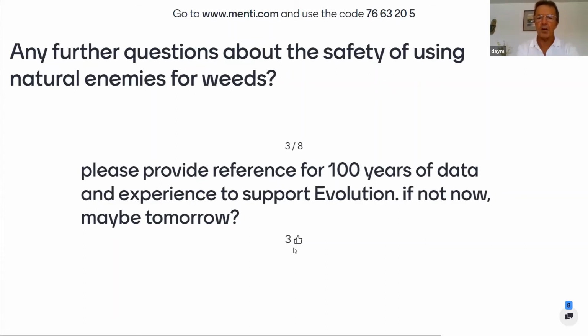And producing enzymes to process plant material is a huge physiological cost. And so it's not in the interest of the insect to have all these enzymes, which they're not necessarily going to use. And so an insect evolves to become more of a specialist, because then it only has to produce 1 or 2 enzymes and not 10 or 20. And so evolution actually works to make things more specialized.